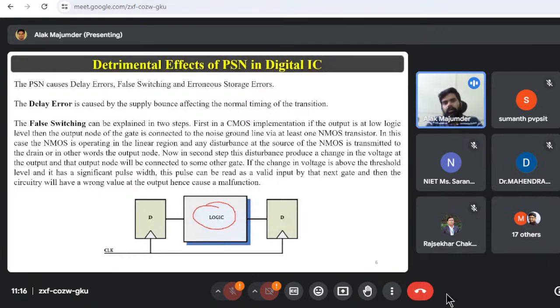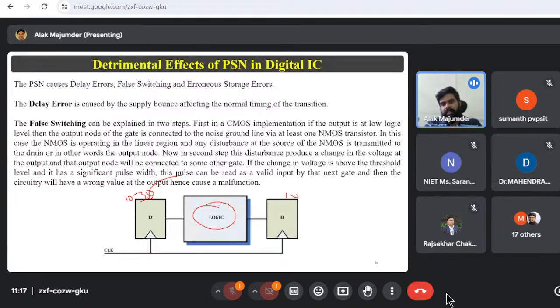Now, for example, from VDD to this particular D flip-flop, when I am getting the drop across the PDN, the PSN is 70 millivolt, which means here I am getting 1030 millivolt, and here I am getting 1000.